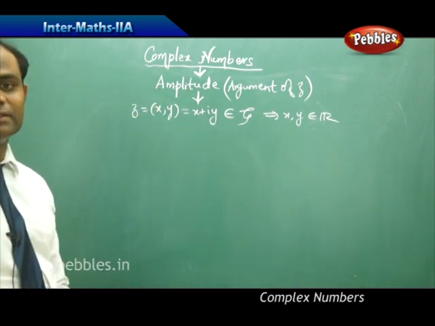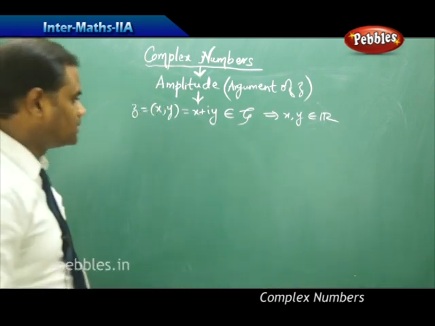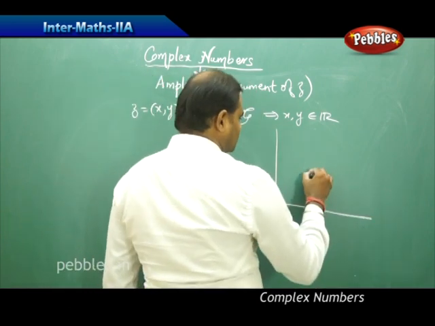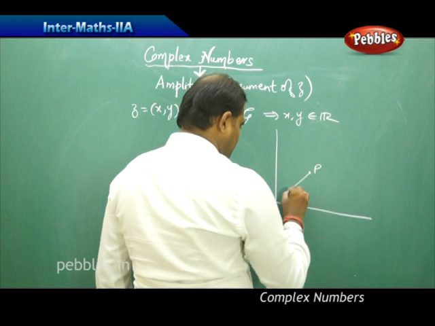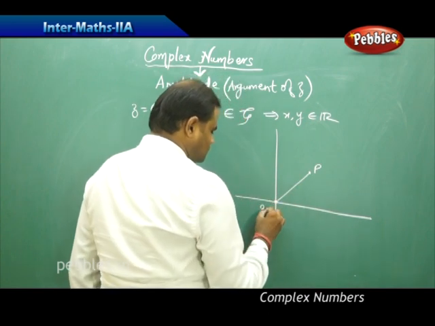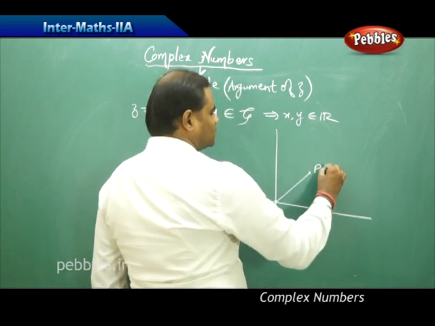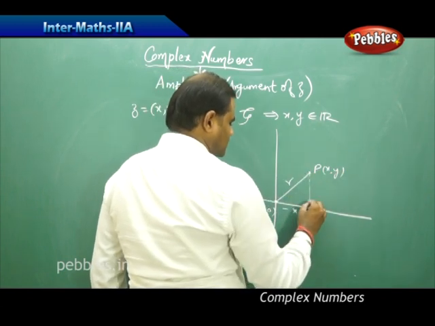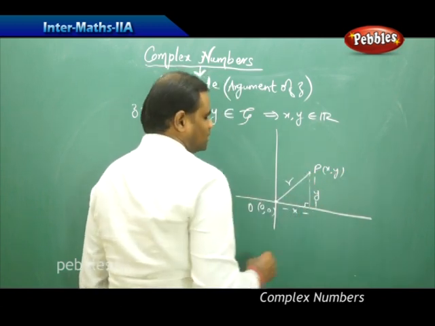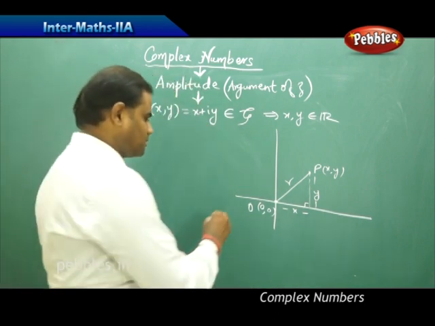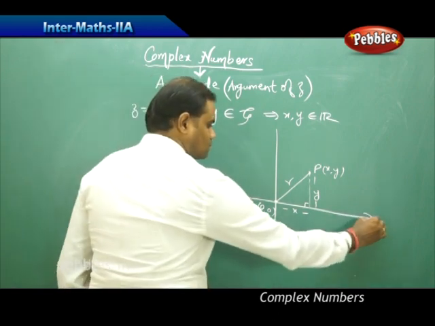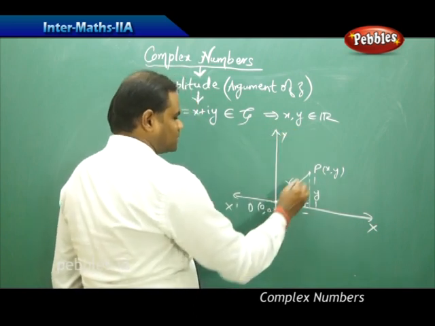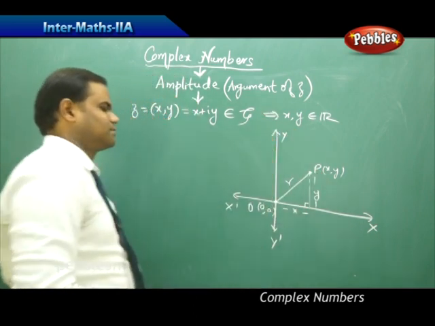Now as I connect this with polar coordinates, if P is a point, then I have the origin with point x, y, and this is r, this is x, and this is y, as can be seen.